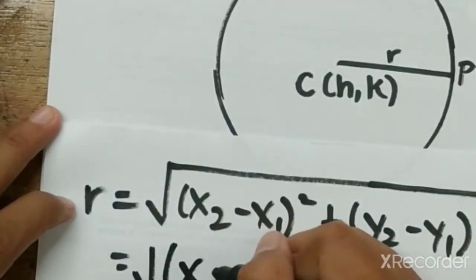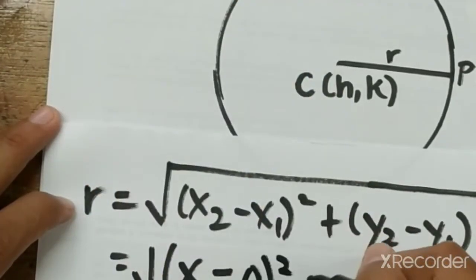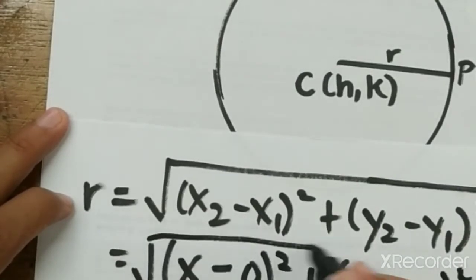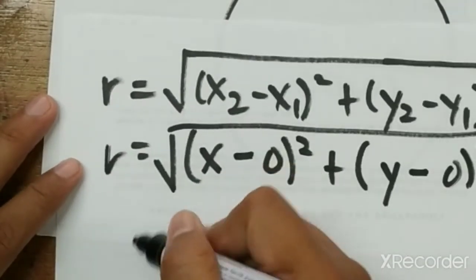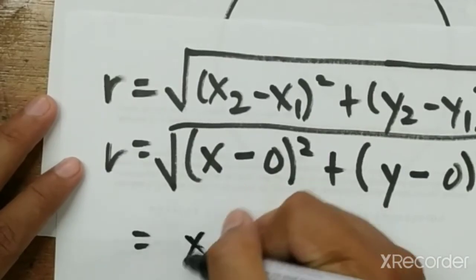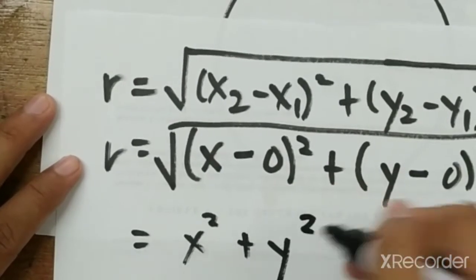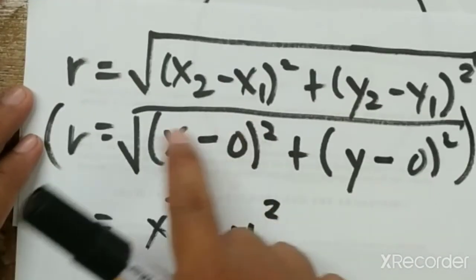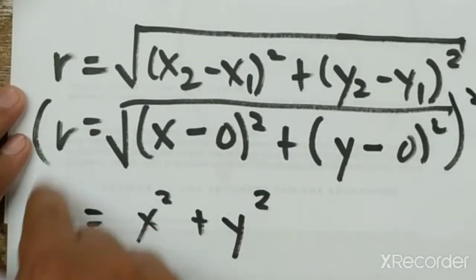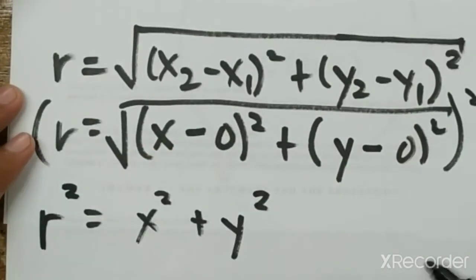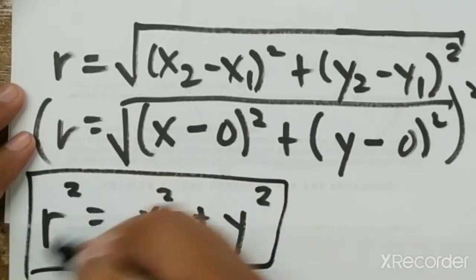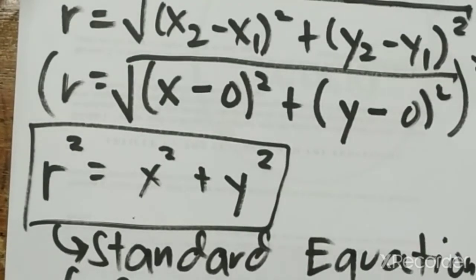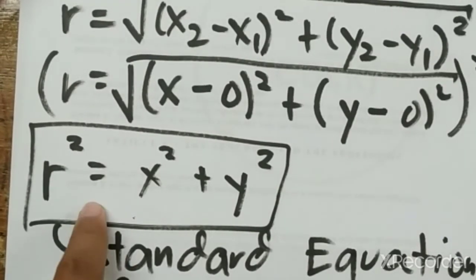So we have (x minus 0) squared plus (y minus 0) squared. Simplifying, this will become x squared plus y squared. Of course, if we square both sides to remove this radical, it will produce r squared equals x squared plus y squared. So this is our standard equation of a circle with center at origin.